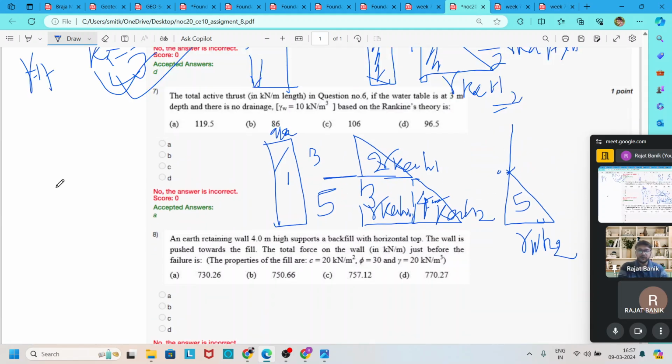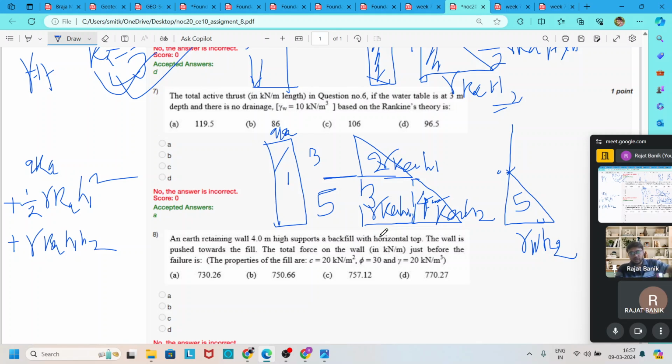Area 1 is q Ka into H1, area 2 is half gamma Ka into H1 square, and area 3 is gamma Ka H1 into H2, because gamma Ka H1 acts as a surcharge in this layer.